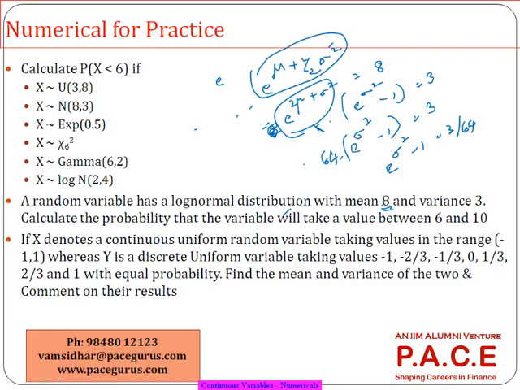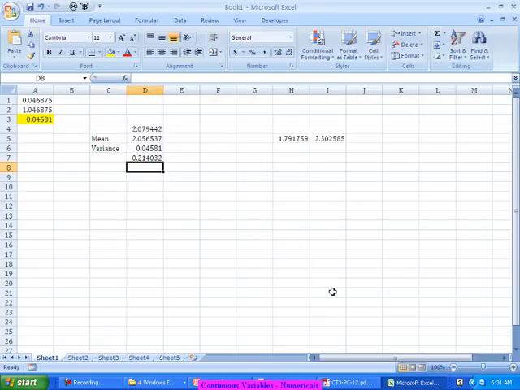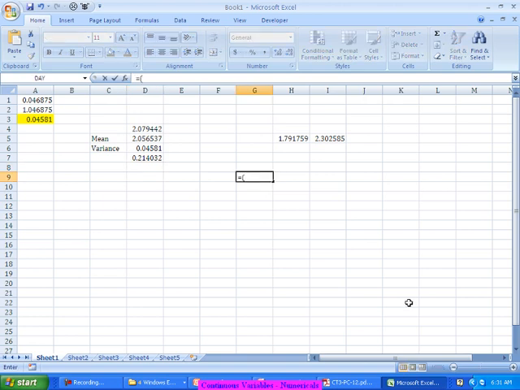Now 1.79, if I want. So for 1.79, what is the area? 1.79 minus the mean. So here only I will compute. The z value is x minus mu by sigma. So 1.79 minus mean divided by sigma, standard deviation. So what is the value of z?